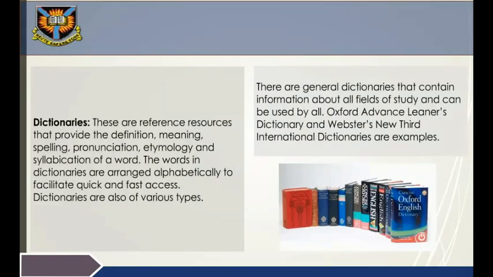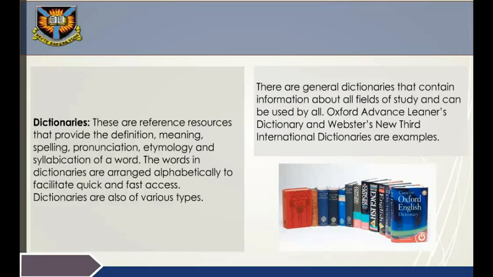Dictionaries. These are reference resources that provide the definition, meaning, spelling, pronunciation, etymology, and syllabication of a word. The words in dictionaries are arranged alphabetically to facilitate quick and fast access. Dictionaries are also of various types. There are general dictionaries that contain information about all fields of study and can be used by all.